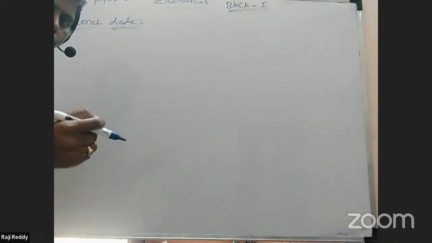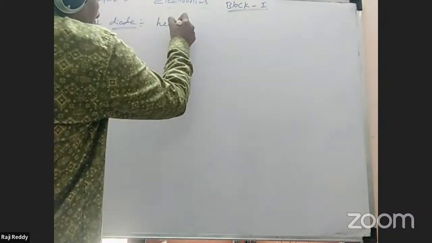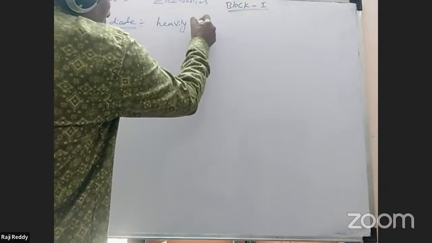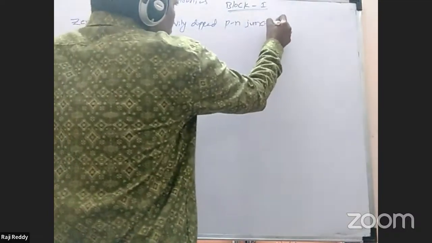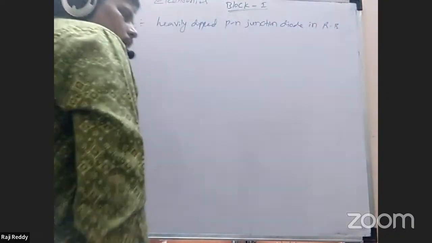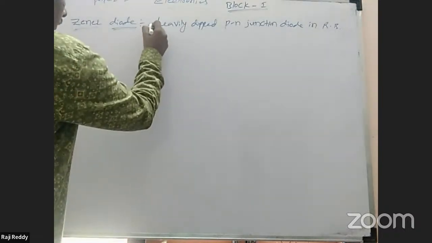A Zener diode is a heavily doped PN junction diode in reverse bias. It always works in reverse bias only.